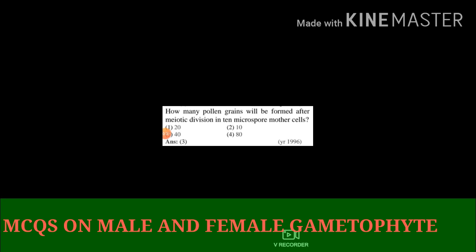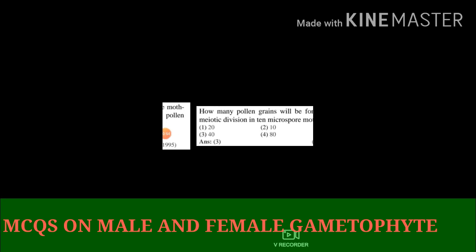That means from 1 microspore mother cell, 4 pollen grains are formed. Due to this, here from 10 microspore mother cells, 40 microspores or pollen grains are formed. Option number 3 is correct.